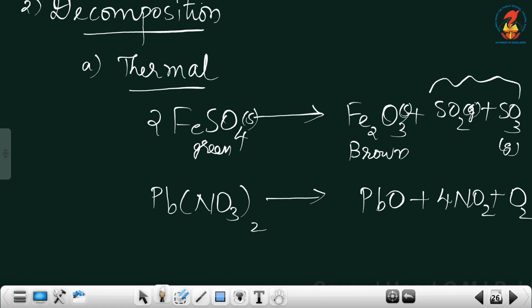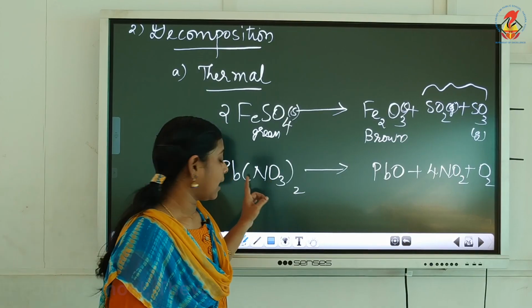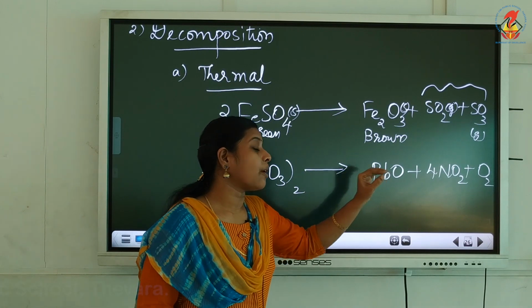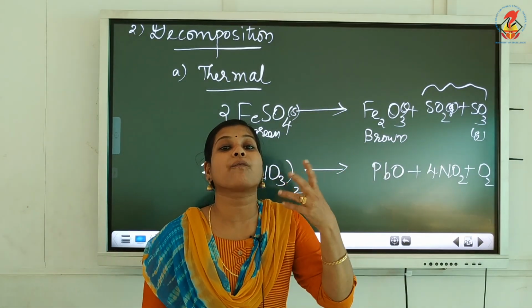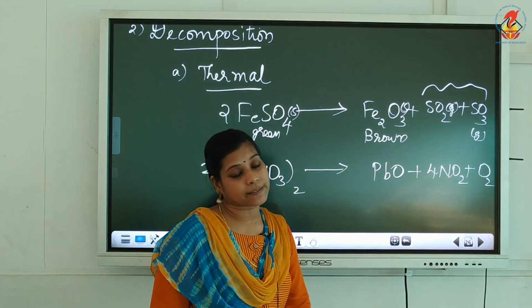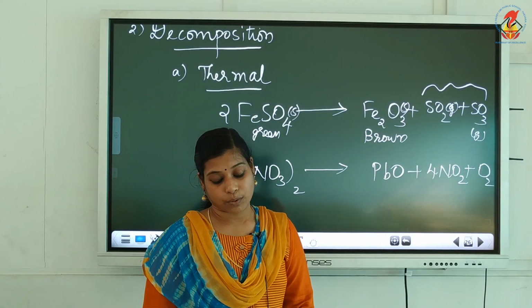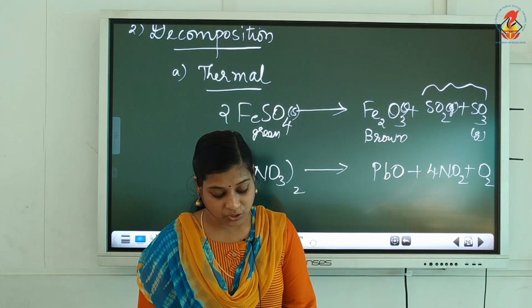So here it is also 2. If we put that, at that time we can equate it. So this is the balanced chemical equation, and on heating lead nitrate, reddish brown fumes of nitrogen dioxide will be liberated. That also is an observable change.